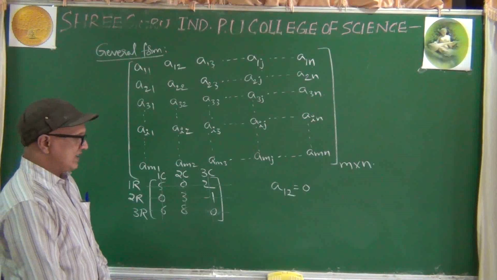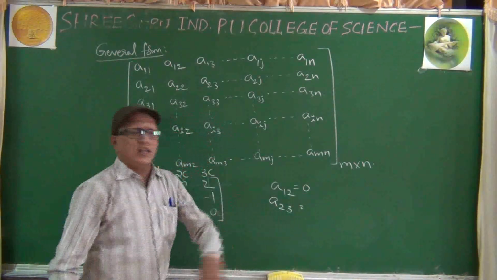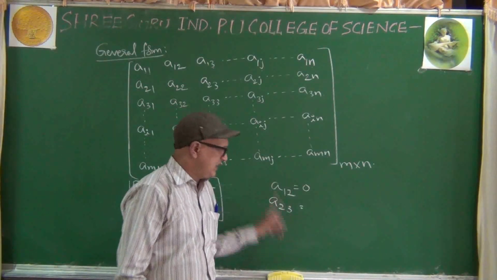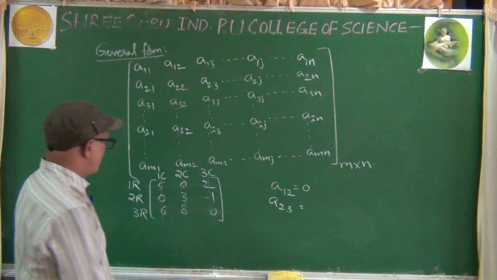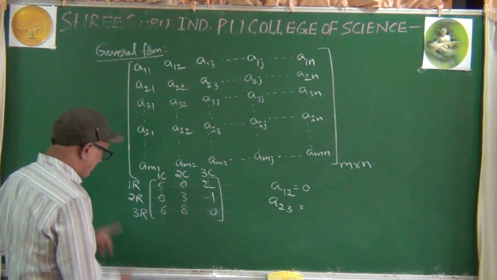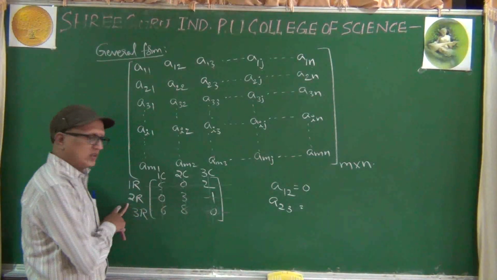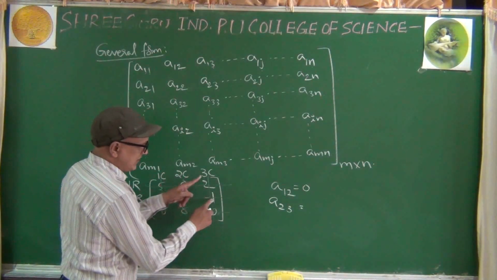Next, what is A23? 2 means second row, 3 means third column. This complete line is the second row. Third column: first column, second column, third column.